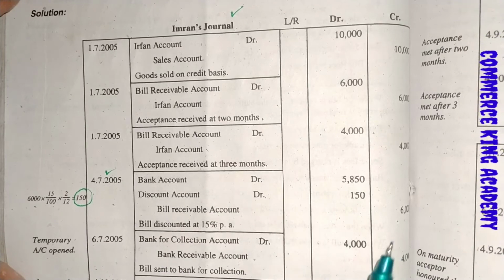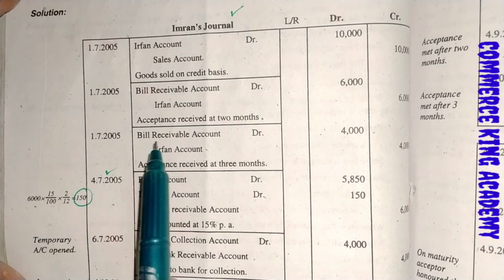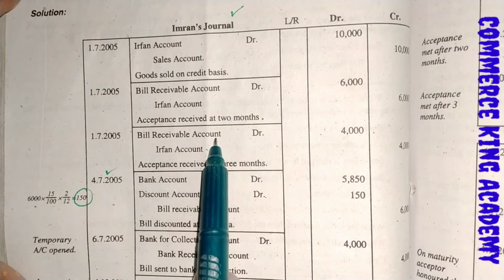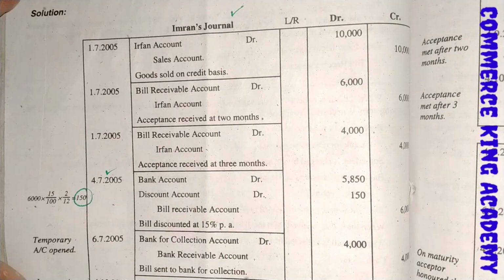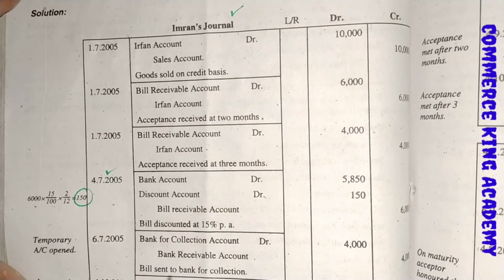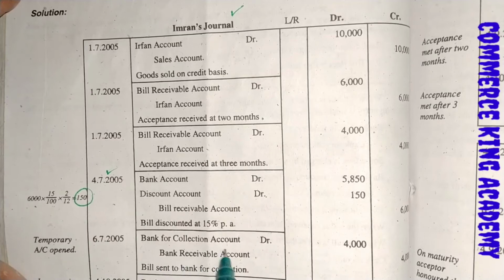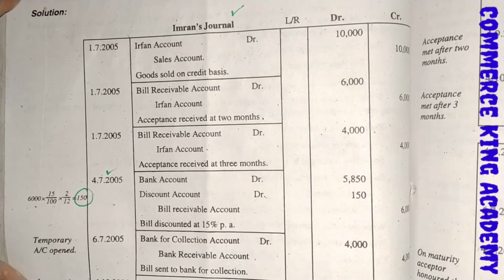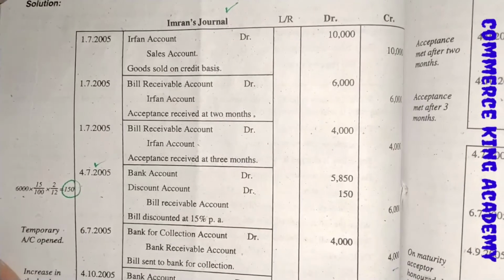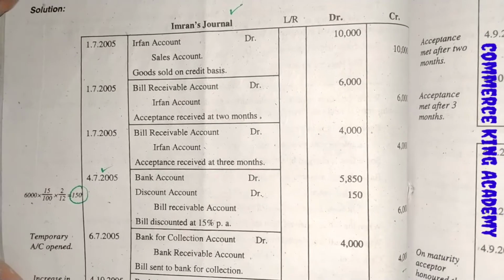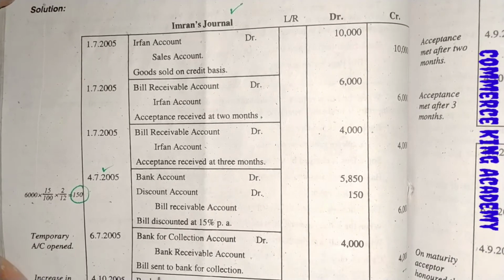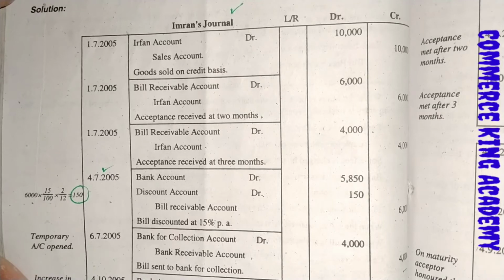So bills receivable account will be credited because of the decrease in asset, and the bank for collection account debited because of the increase in an asset, with the same amount of 4,000 rupees. All right, with the description: bill sent to bank for collection. That's it.